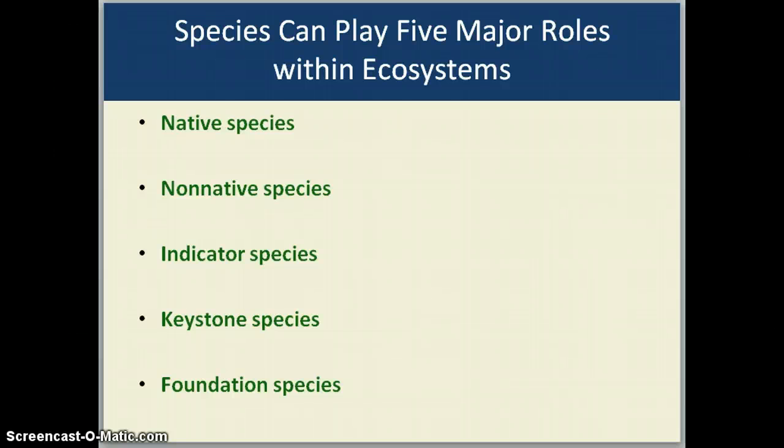There are keystone species. Keystone species are essential to an ecosystem. If this species disappears, then the whole ecosystem collapses. An example of a keystone species is the sea otter. The sea otter in the early 1900s almost went extinct due to overhunting for the pelts. And what happened when the otter disappeared, the sea anemone that the otter ate, the population exploded.